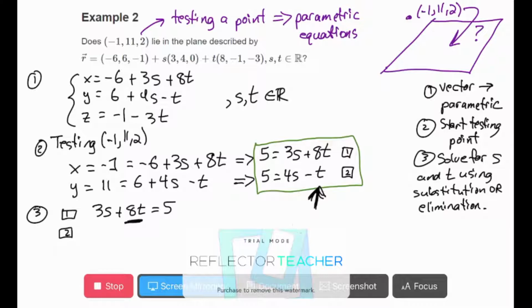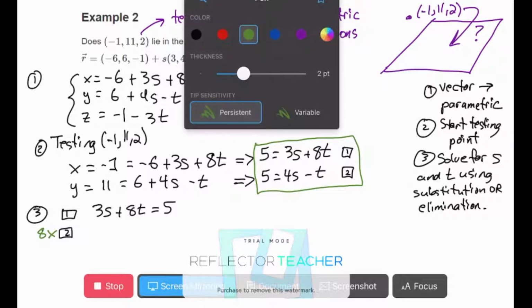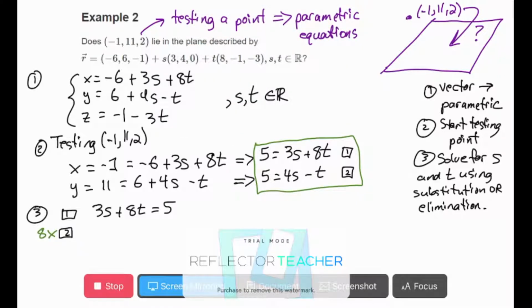So for my elimination here, I'm going to have equation 1 and 8 times equation 2. Let's put those values in. So 8 times 4s is 32s minus, so 8 times our negative t is negative 8t, and 8 times 5 is 40.